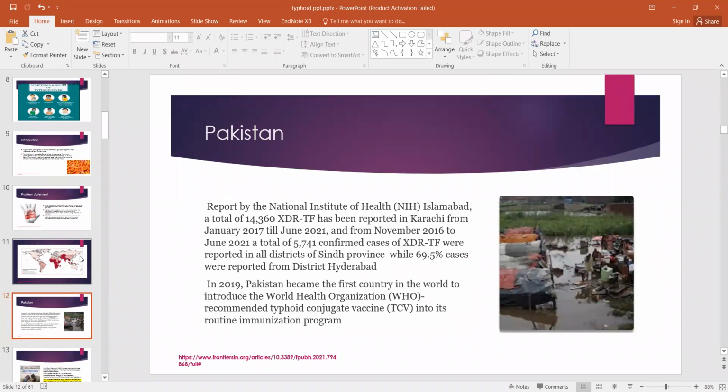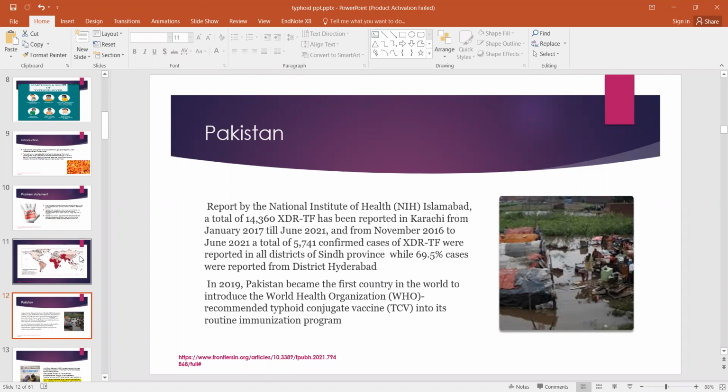Reported outbreaks from Pakistan. According to a report by the National Institute of Health, Islamabad, a total of 14,360 extensively drug-resistant cases have been reported in Karachi from January 2000 till June 2021, and from November 2016 to June 2021, a total of 5,741 confirmed cases of extensively drug-resistant typhoid fever were reported in all districts of Sindh province, while 69.5% of cases were reported from district Hyderabad.